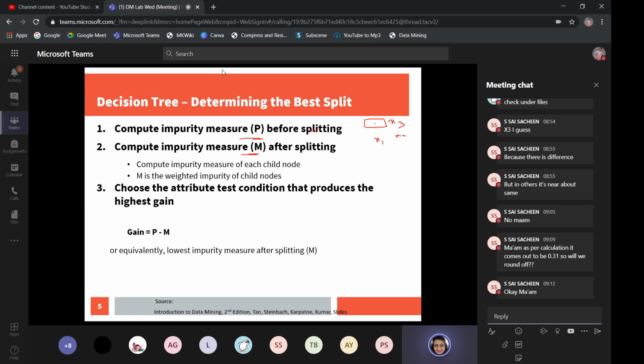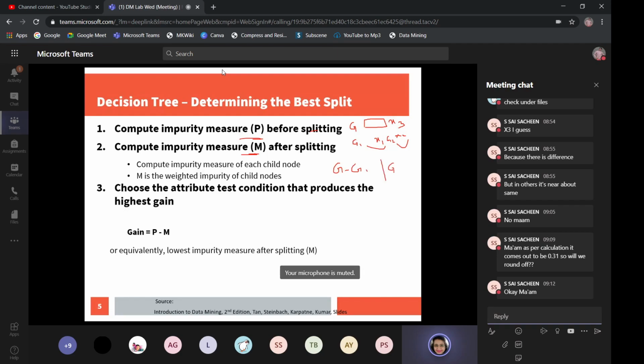This node has some Gini index. Now what to split on, x1 or x2? In that scenario, you will compute the Gini index for x1 as well as x2. Let me call this G, and this G1, and this G2. So now we are going to compute G minus G1 as well as G minus G2.